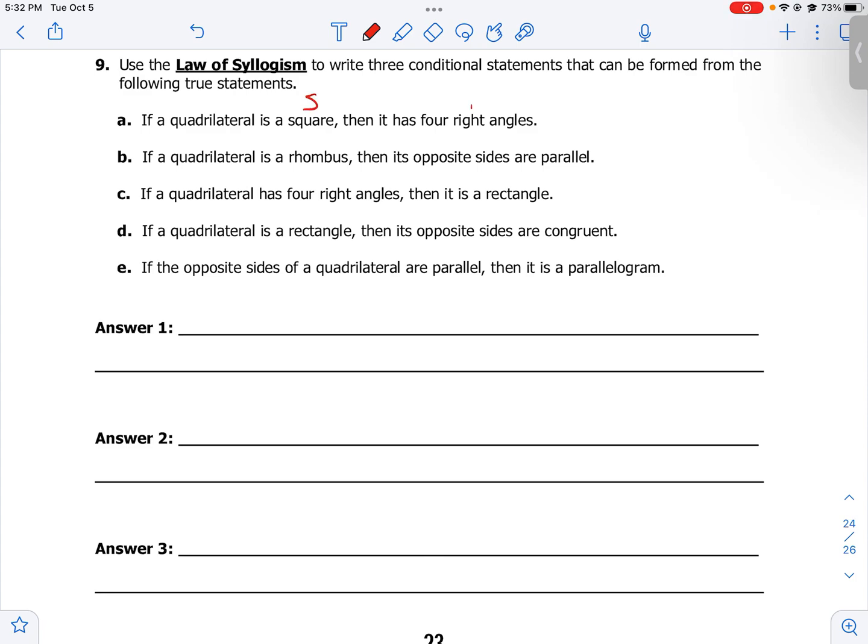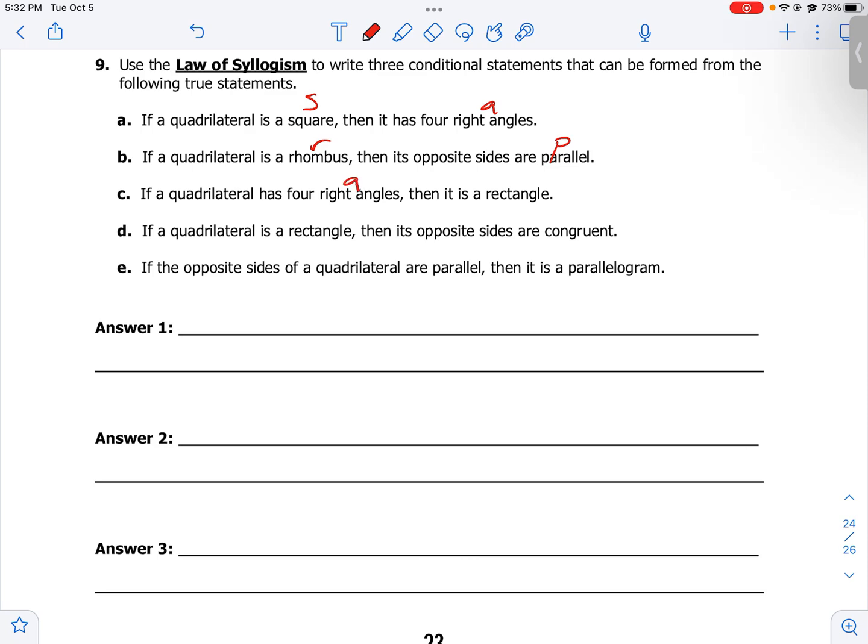All right, let's see. If it's a square, then it has right angles. Ooh, that's a bad one. Let's go with 4 right angles. Let's say A for angles. There we go. If a quadrilateral is a rhombus, then its opposite sides are parallel.